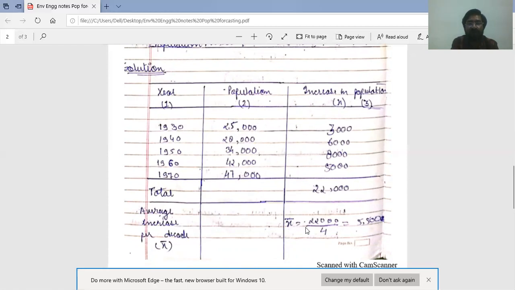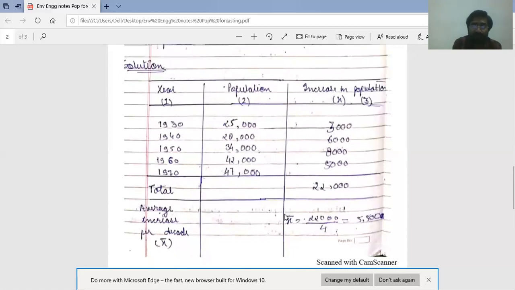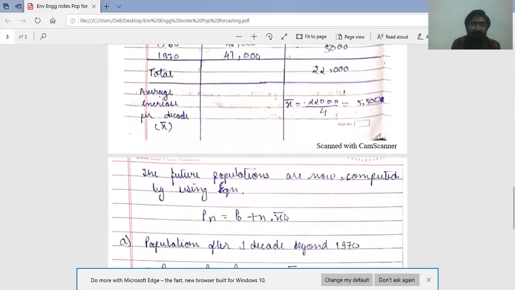X bar is equal to 22,000 upon 4, is equal to 5,500. It means a 5,500 population increase per decade in the last 5 decades. The future populations are now computed by using the equation, as we know, Pn is equal to P0 plus n into X bar.